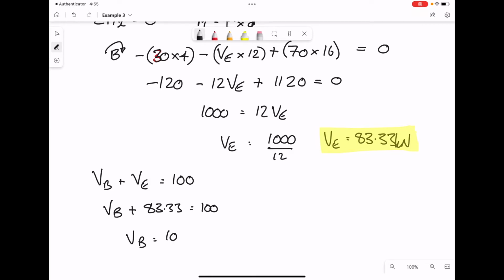VB is equal to 100 minus 83.33, and we get VB to be 16.67 kilonewtons.